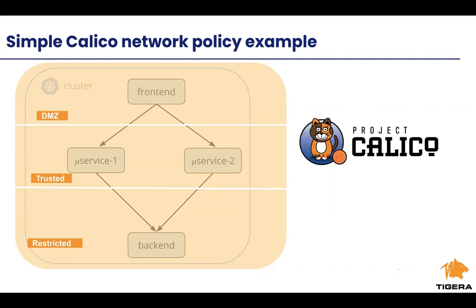And then, of course, Calico network policy enables default deny inbound and outbound. So if you've embraced zero trust network security, and want to start off with just default deny either per namespace or for the entire cluster, that's absolutely possible to do with Calico as well.